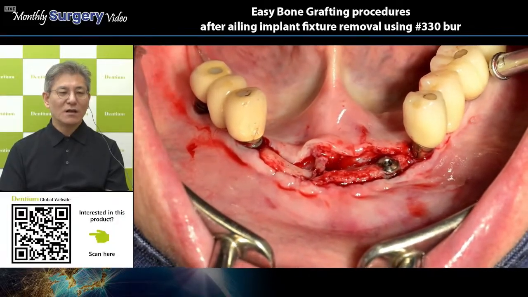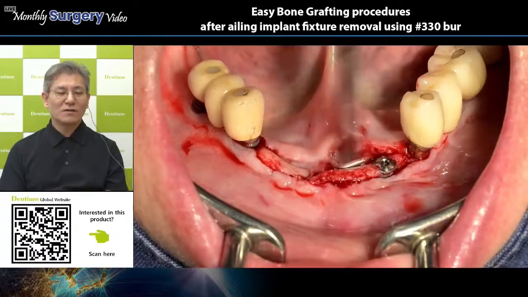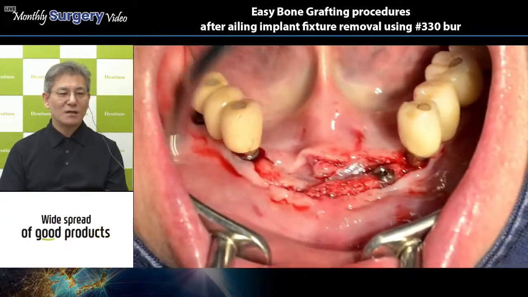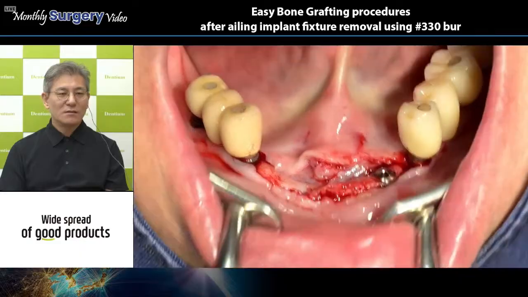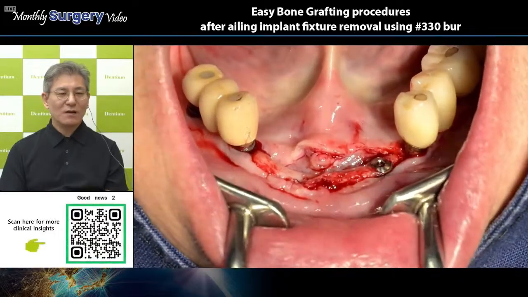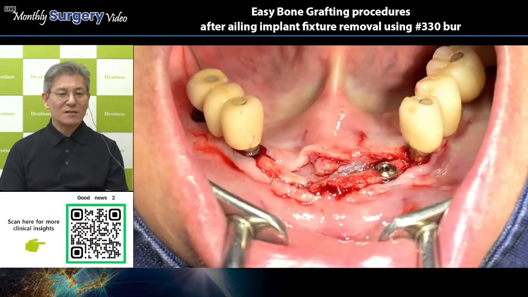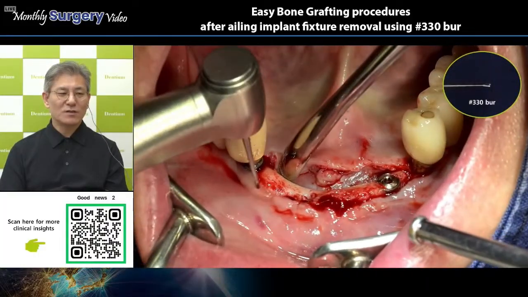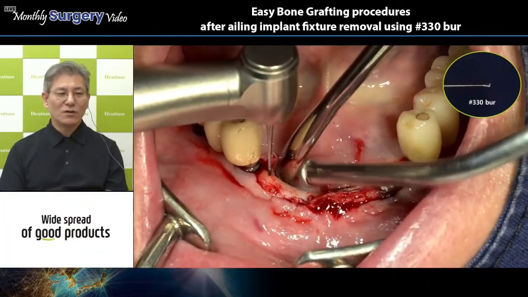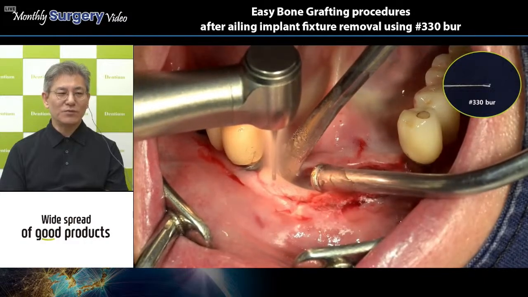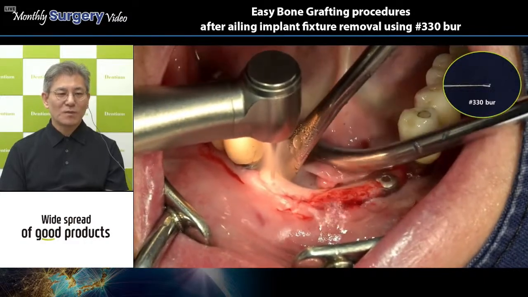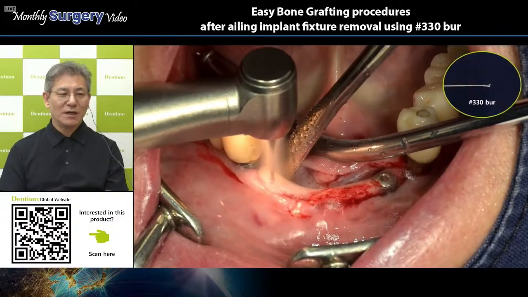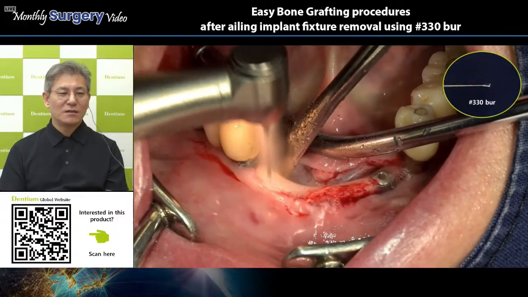It means, in concern of long-term follow-up, I think this implant fixture is not helping anymore to support a new implant supported bridge. So removing this ailing implant is the answer.